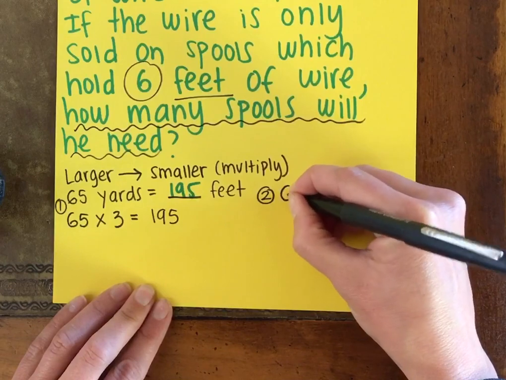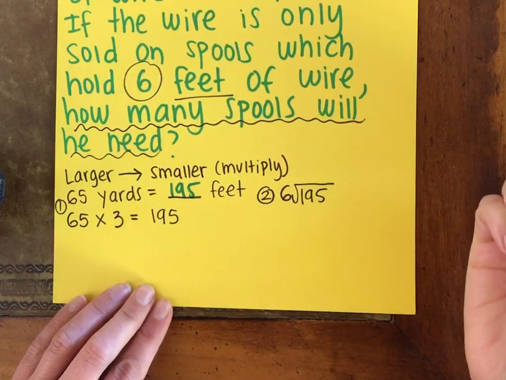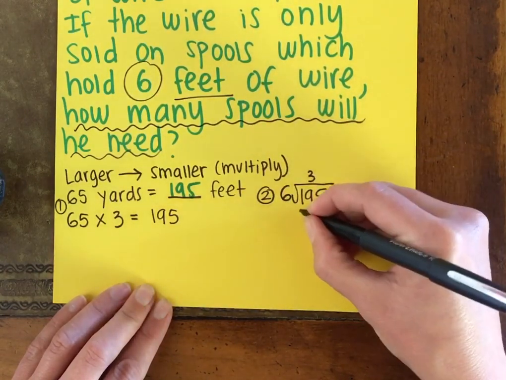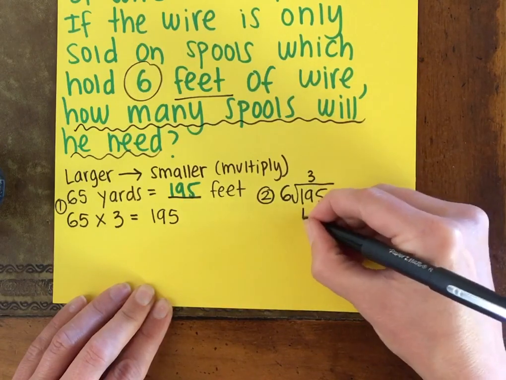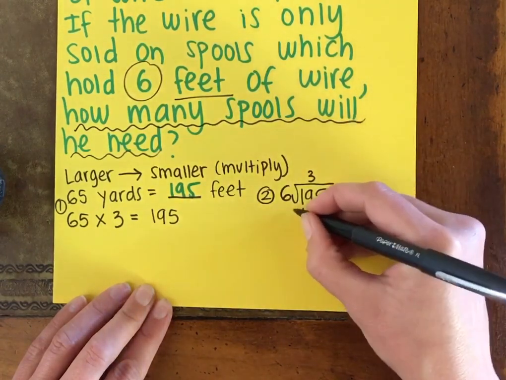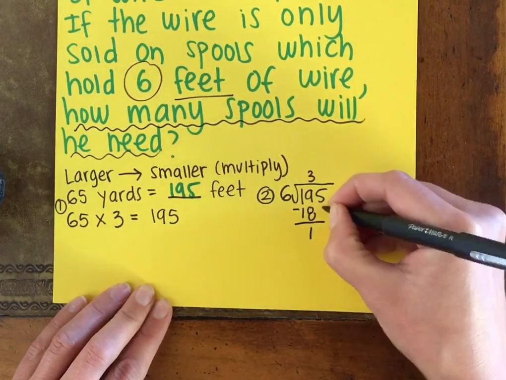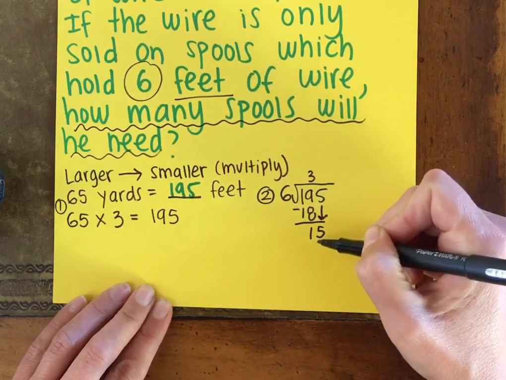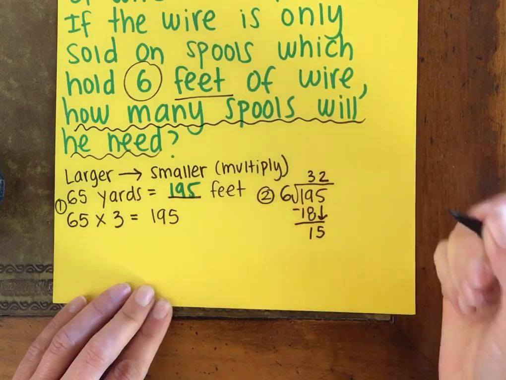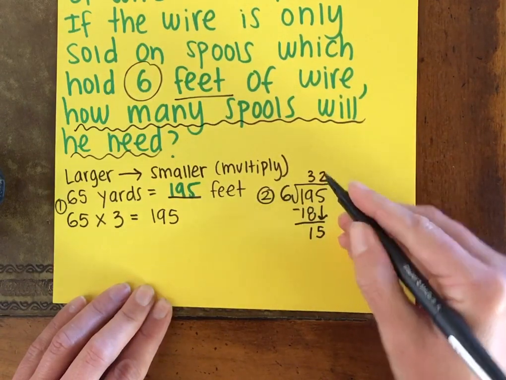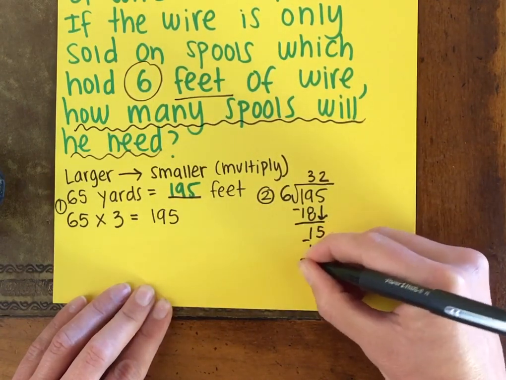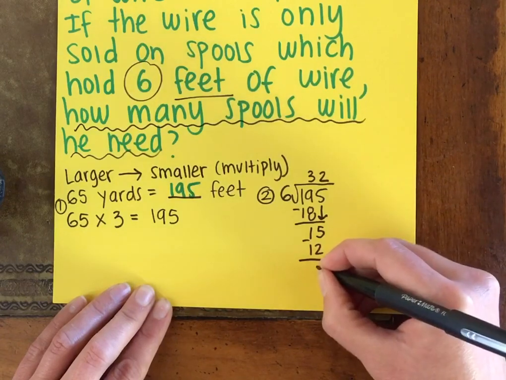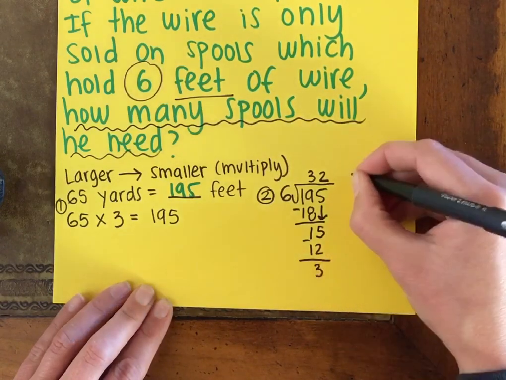195 divided by 6. 6 goes into 19 3 times. 6 times 3 is 18. Subtract. Bring down the 5. 6 goes into 15 2 times. 6 times 2 is 12. 15 minus 12 is 3.